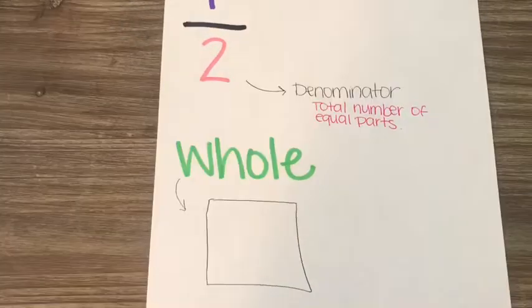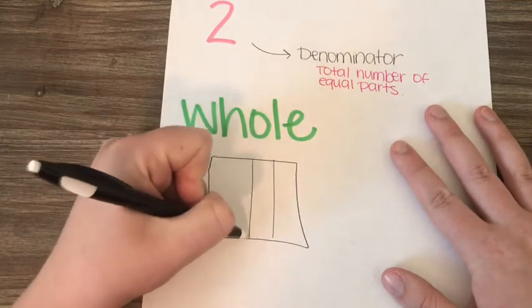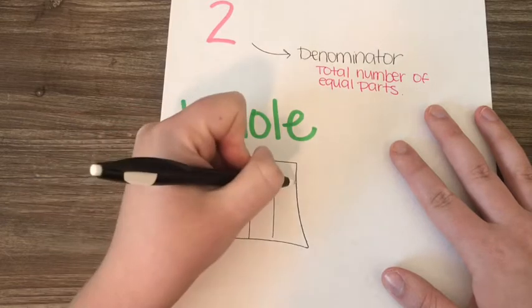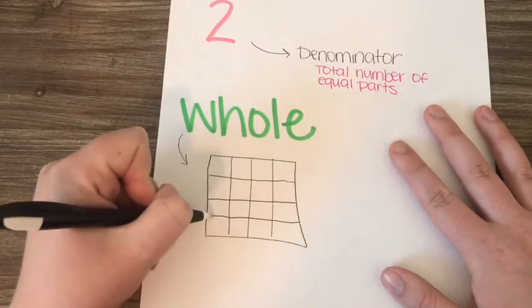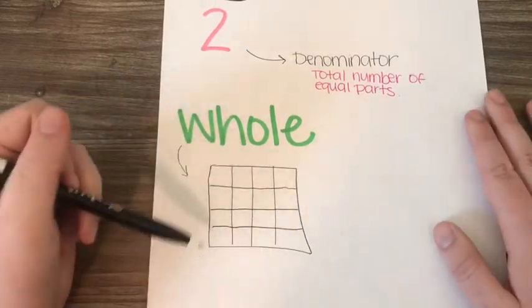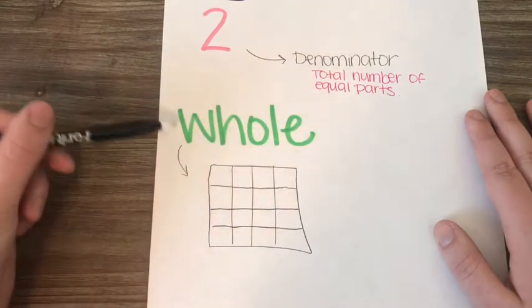And then if we were to divide it multiple different ways, it would have a different fraction. So now today when we work on our workbook page, we might notice that the whole looks different than the wholes that we've been working with when we learned about fractions. Our wholes might look something like this, like a grid. Although it looks a little different, this entire grid is our whole figure.